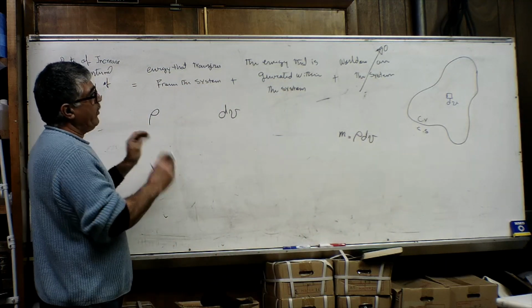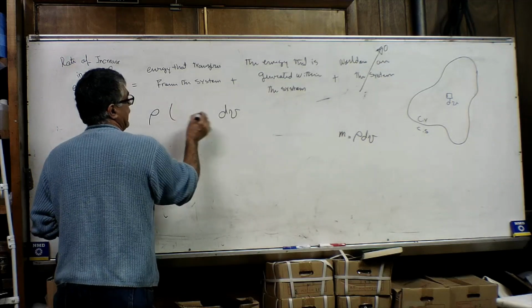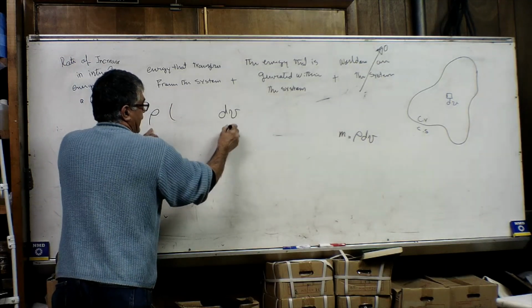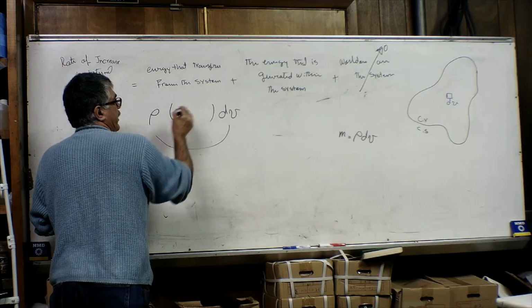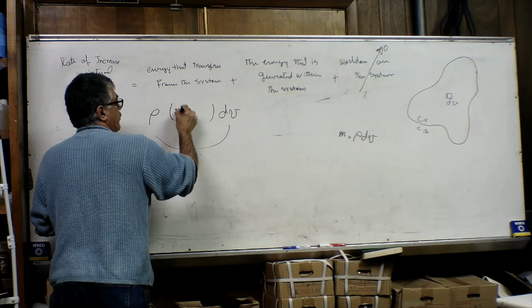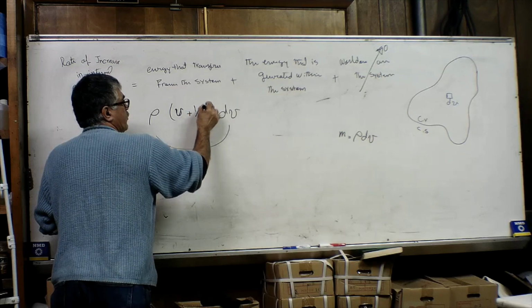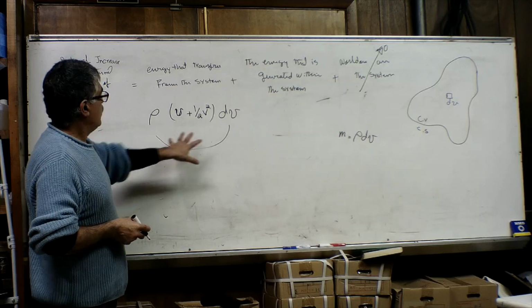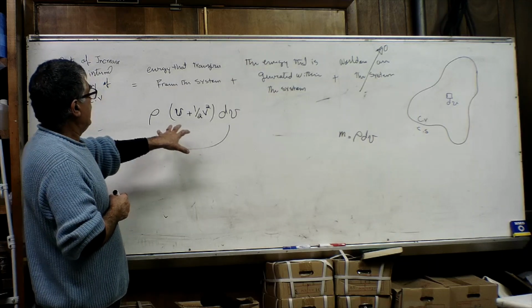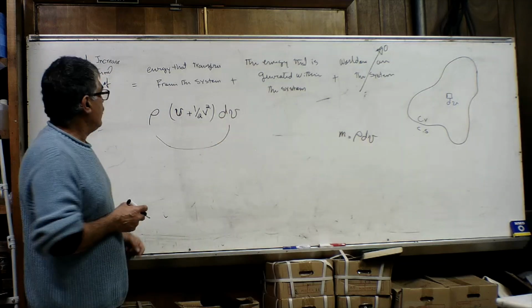The internal energy of that mass we can show as mass multiplied by U, the internal energy, plus half V squared.